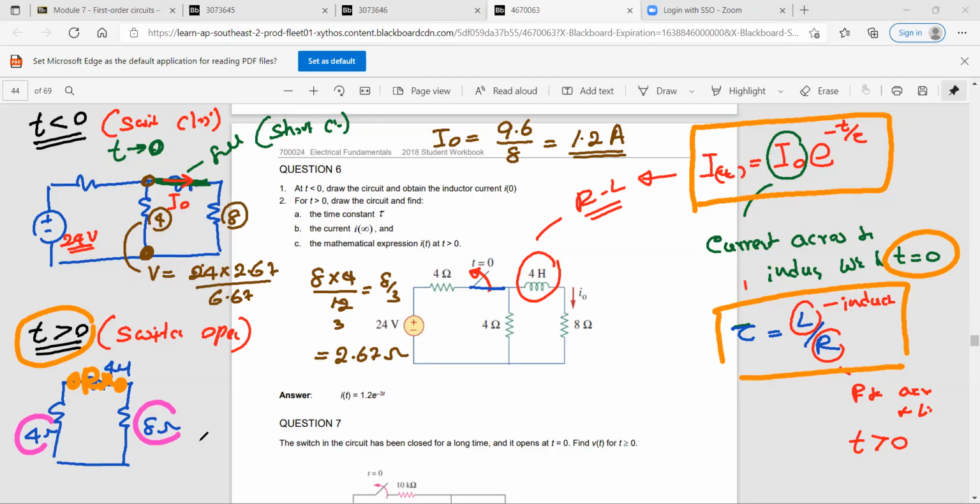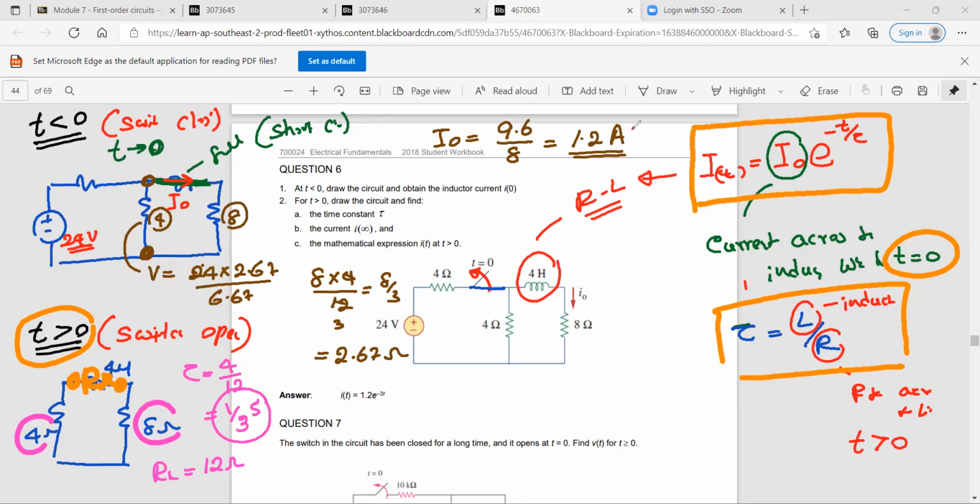So your RTH is what, guys? RTH is 12 ohms, isn't it? If RTH is 12 ohms, your tau is L over R. L is given to us, 4 over 12, which is 1 over 3, isn't it? So this is the tau.